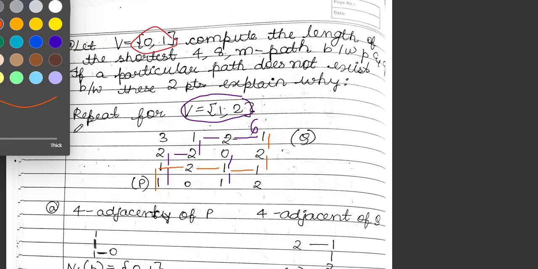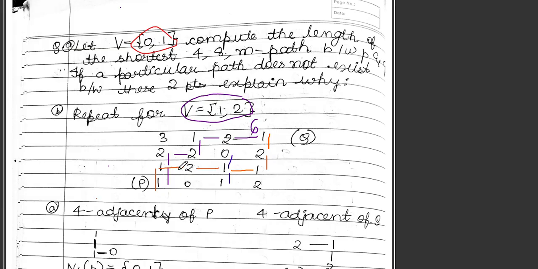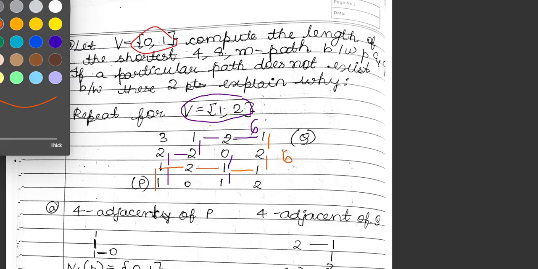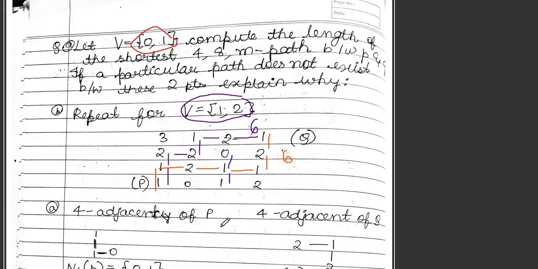And for the orange path, 1, 2, 3, 4, 5, 6. Both the path values are 6, so you can consider any one of the path. If you have multiple paths from source to destination point, you can consider the length of the path having the shortest value. Next, 4 adjacency exists in this case of v is equal to 1, 2 with a path value of 6.